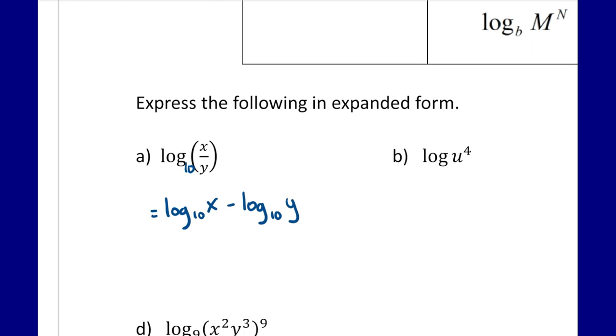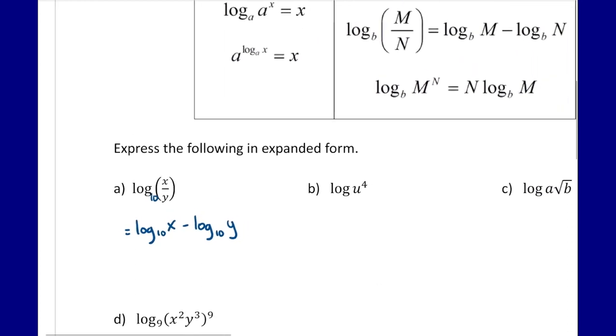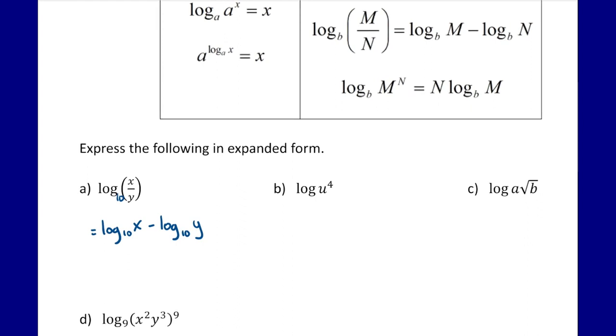We just split this up into a difference instead of a quotient, so subtraction instead of division. The next one, log of u to the power of 4. We don't see the base 10, but we assume it's there. This would be the same thing as saying 4 log u. So this exponent comes down in front.